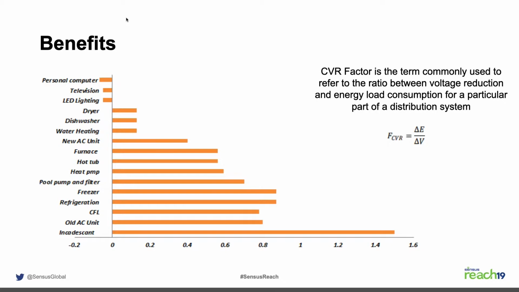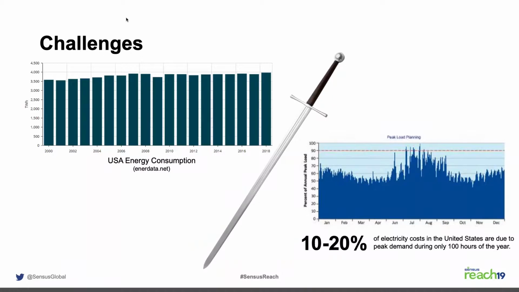And so with the advancement in technology, new TVs, personal computers, you actually have to account for the fact that some of these are going to have a slight negative impact when you're dropping voltage. And so we'll get into that a little bit more as well.